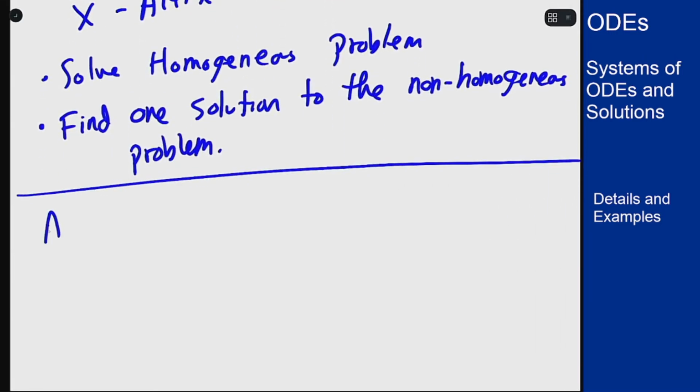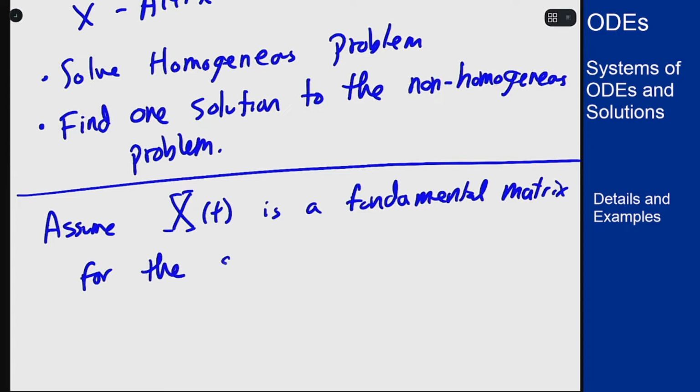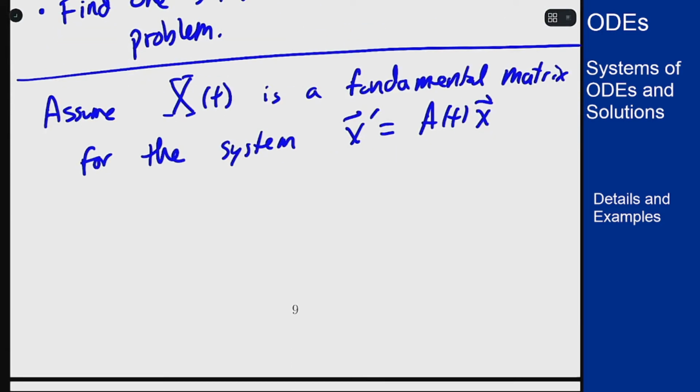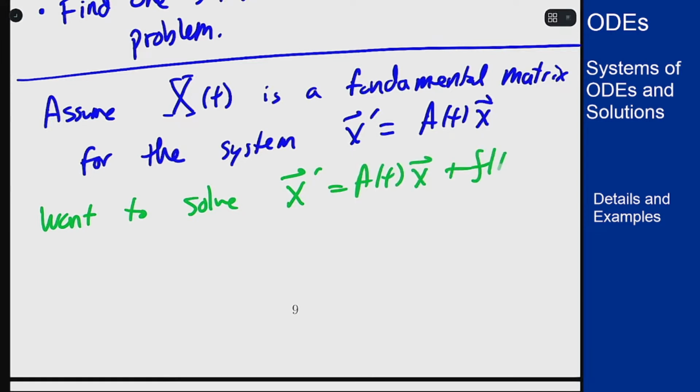So assume that this matrix X of t is a fundamental matrix for the system x prime is A of t times x. Our fundamental matrices will only happen for homogeneous equations. And now we want to solve a non-homogeneous problem related to this. So we want to solve x prime equals A of t x plus f of t.